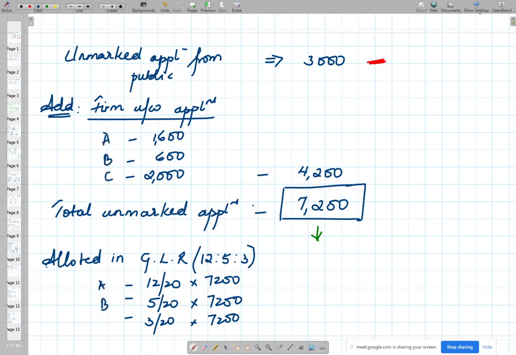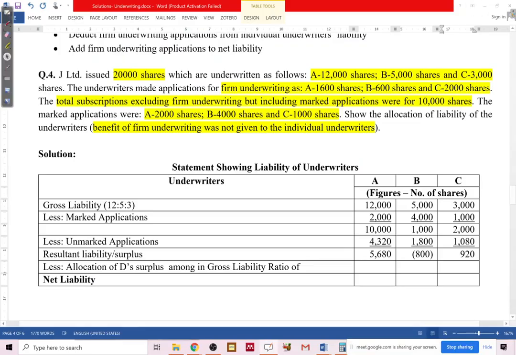Now, whose surplus is it that we are distributing and among which other two people? Allocation of B's surplus, or surplus of B allocated among A and C, the other two, isn't it?